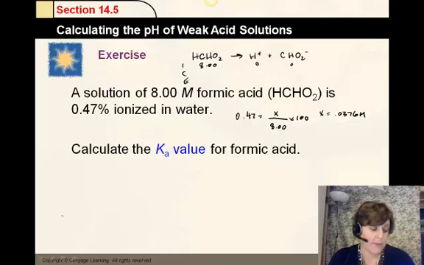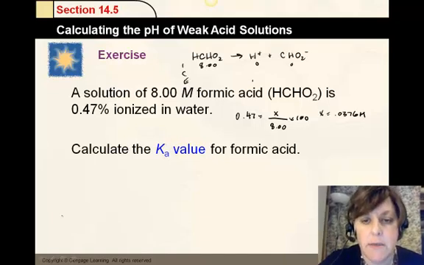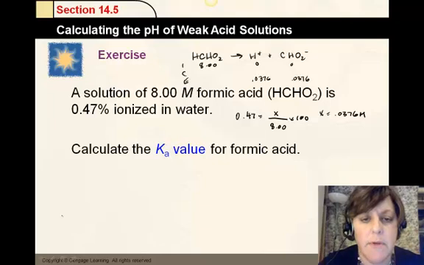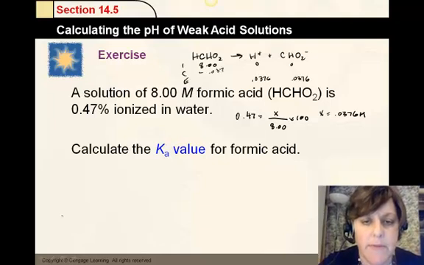So how do I do that? Well, pretty easily, because products over reactant, you notice 0.0376 is the change column, minus 0.0376, which won't make much difference.